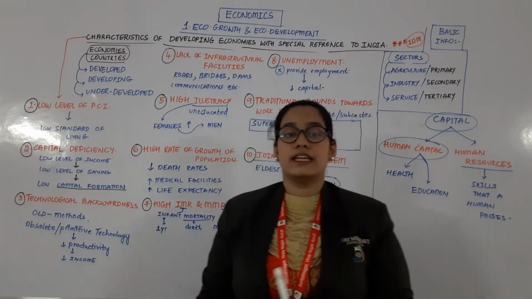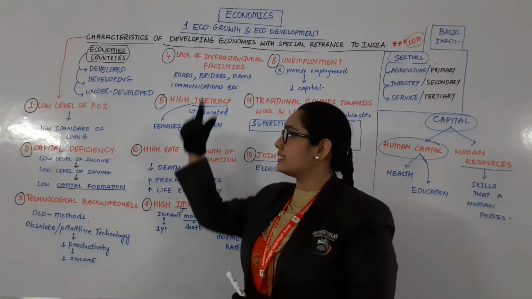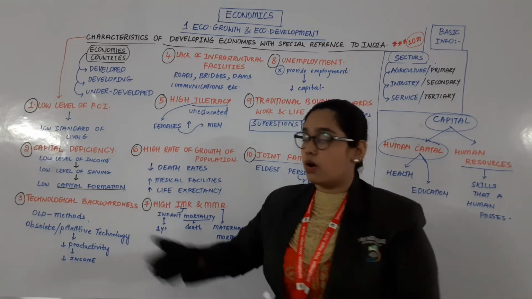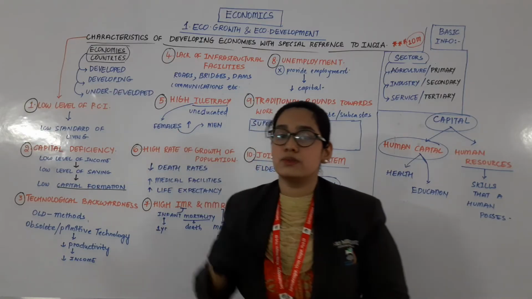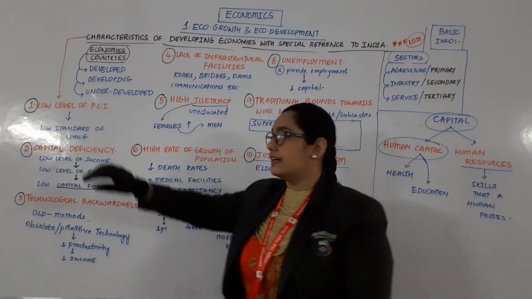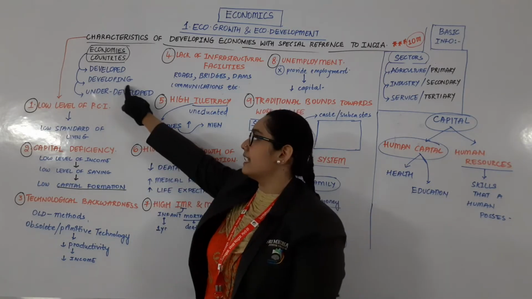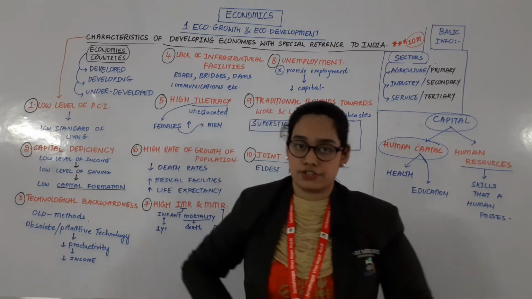Can you tell me which type of economy India comes under? Is it a developed one or an underdeveloped one? It is neither developed nor underdeveloped. It is still in the process of development. So I can say that India is a developing country.